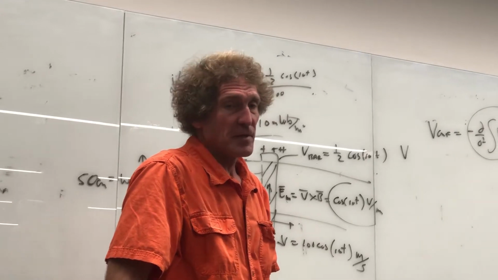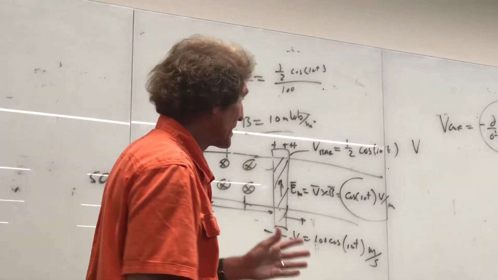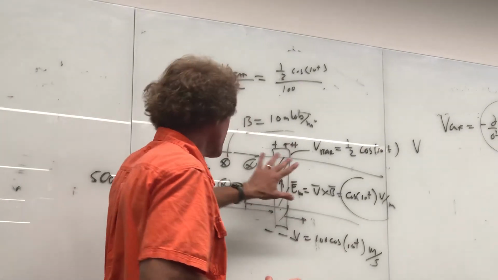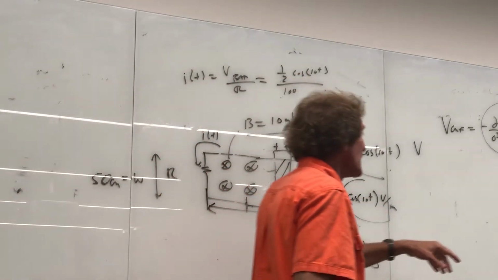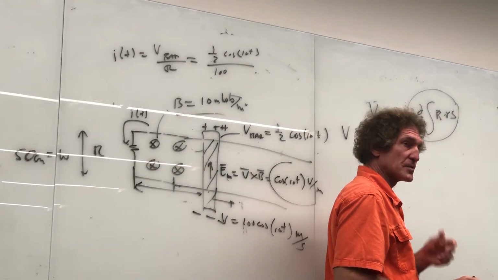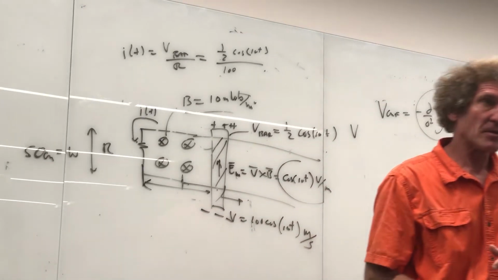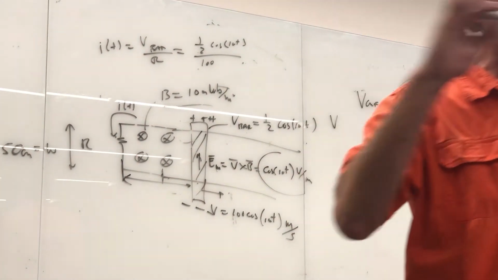But remember, with these problems, the key thing is whenever you're uncertain about whether you can just use this, see if there's a time varying B field. If there is, then you right away go to the integral of B dot ds over the surface contained within the perimeter of the bar and track.